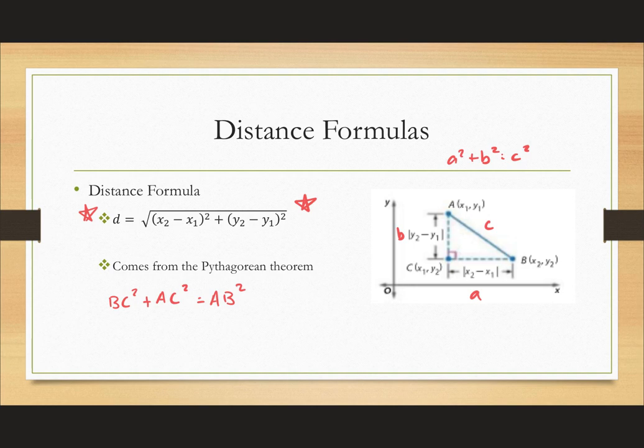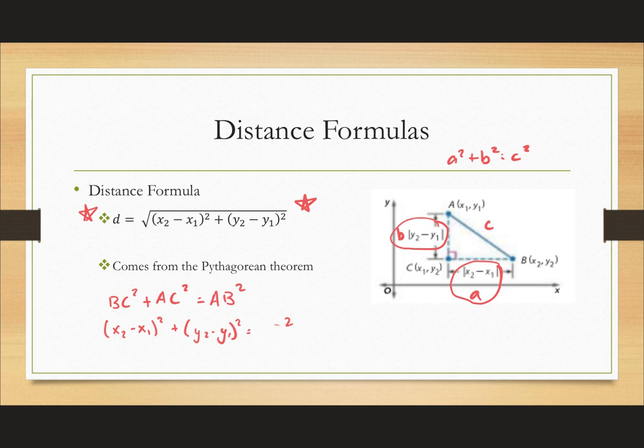On the last slide, we talked about how it's the distance between the two coordinates. So let's take these equations and plug them in for our segments. So now I have (x2 minus x1) squared plus (y2 minus y1) squared is equal to AB squared. And I'm going to take AB and put that back as c.